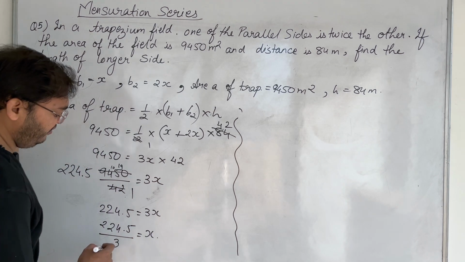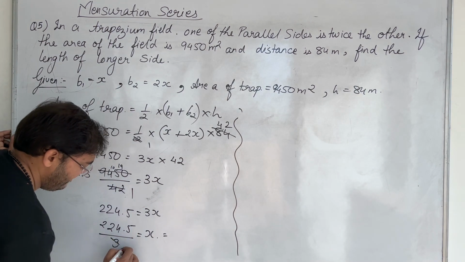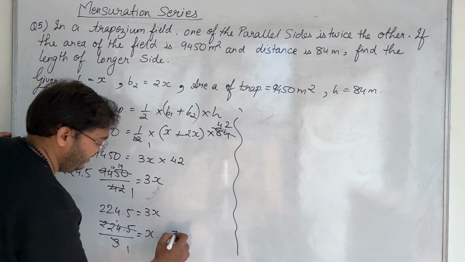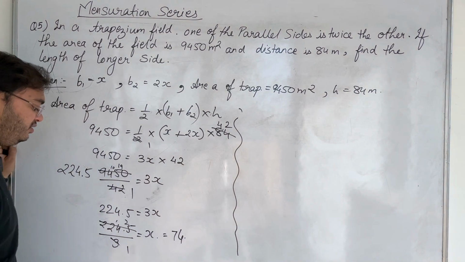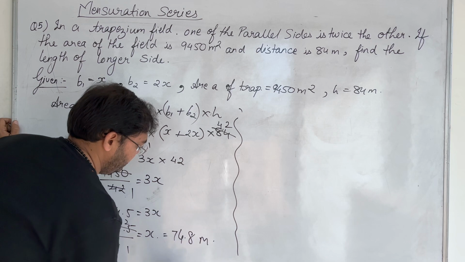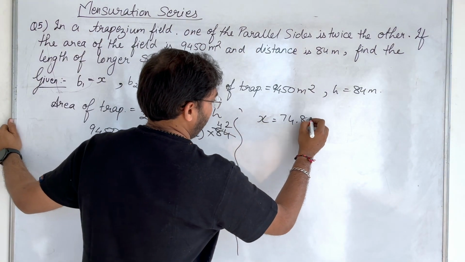So now let's solve it over here. If we divide, then what do we get? 7 threes are 21, 1 left, then 4 and so on. Let us keep it over here only right now. So we got the value, that is x equals 74.8 meter.